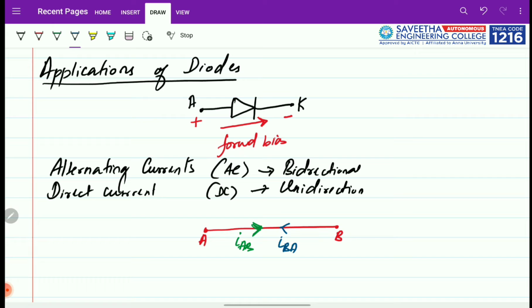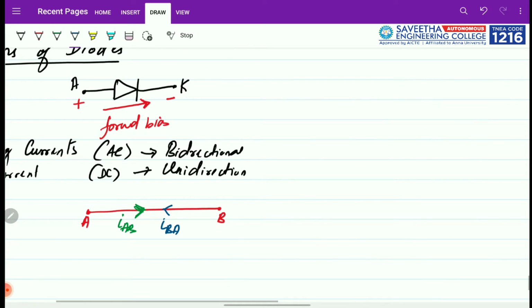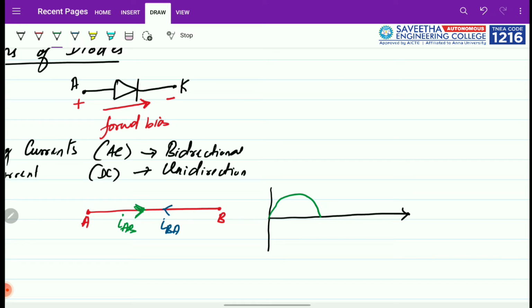This is why it is called a bidirectional condition, and this happens in AC circuits, where the graphical representation of the current curve will show it. In the first half, the current starts from zero, goes to the maximum and comes back to zero at a time period of 10 milliseconds.